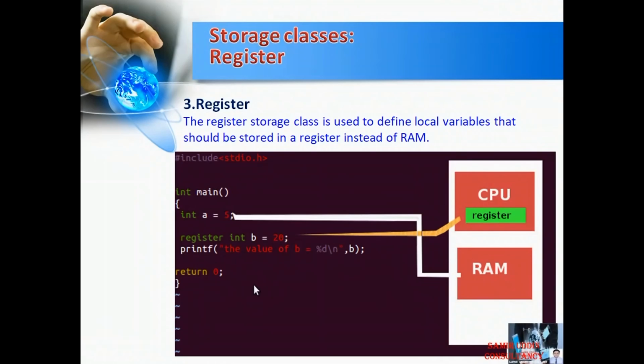In a register variable, you cannot apply any unary operator, for example ampersand, because it doesn't have any memory location. And the register keyword should only be used for variables that require quick access, like a pointer.